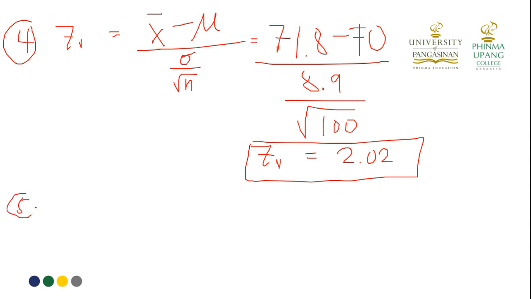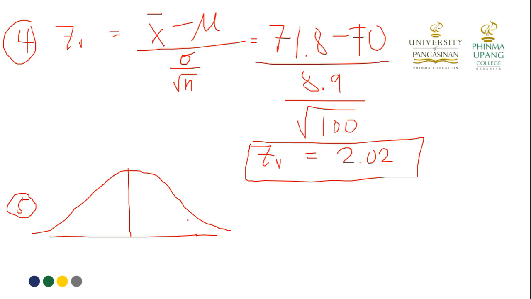Okay, number 5. Number 5 naman, decide whether accept or reject. So in deciding whether accept or reject, we're going to use the normal distribution. Always rely on the direction of the normal distribution.